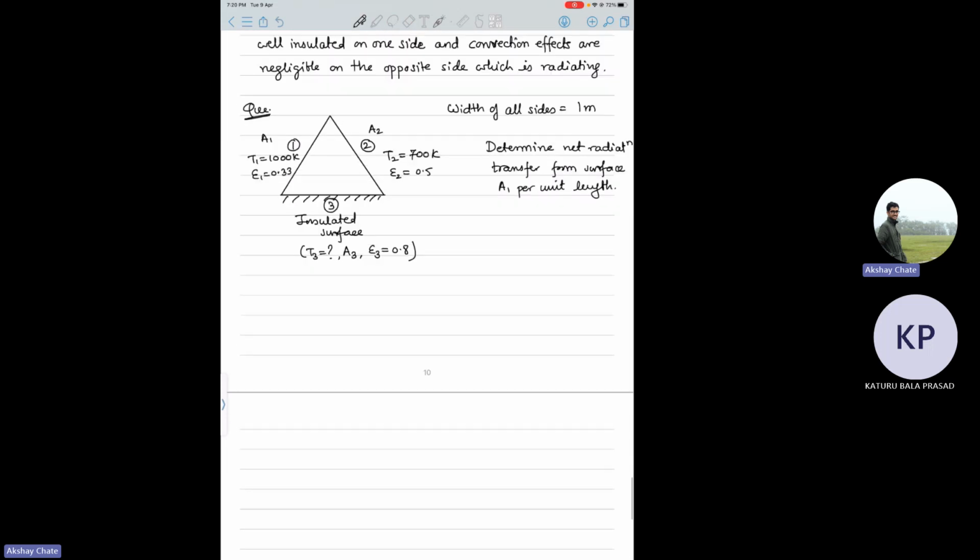Okay, so I hope from the class discussion lecture you may have an idea how to draw the resistance network for this type of geometries.